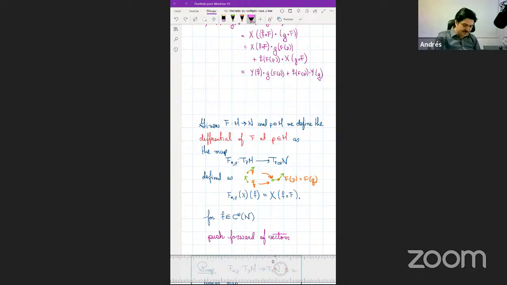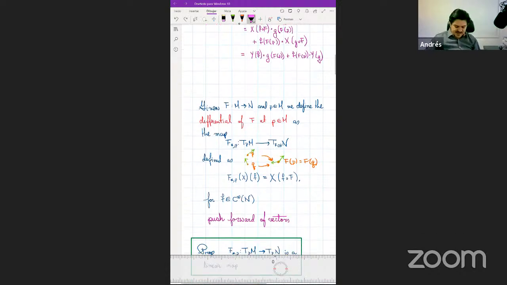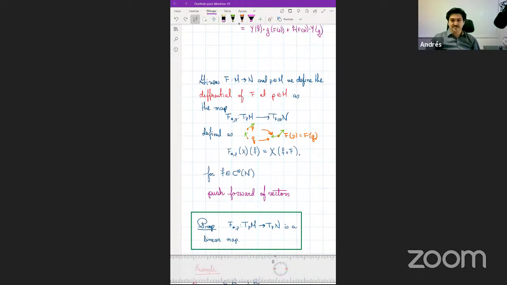Now, something more important about this is that it's not only a map between tangent spaces, but it is actually a linear map. Hence, if you have a smooth function between two manifolds, and you fix a base point on the domain P, you will get a linear map. Okay?